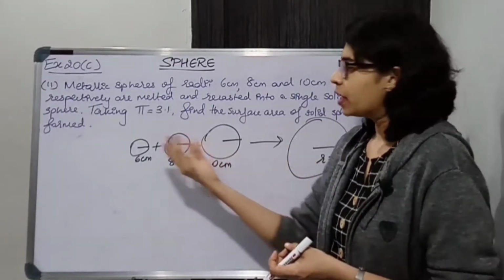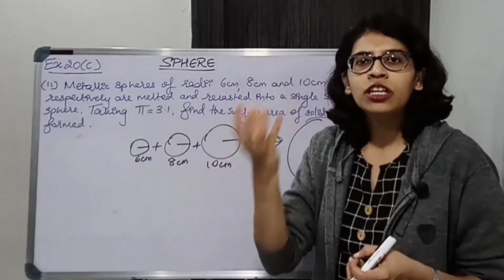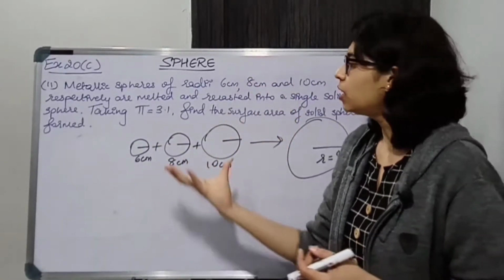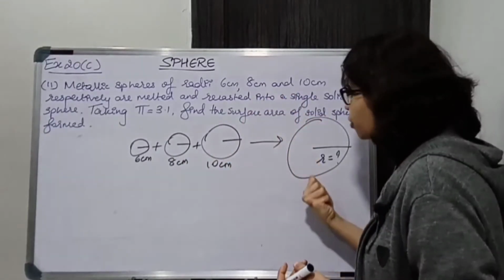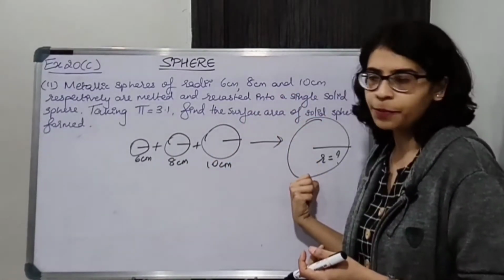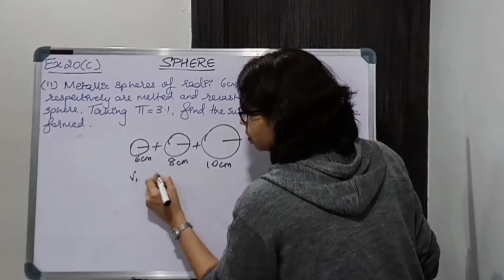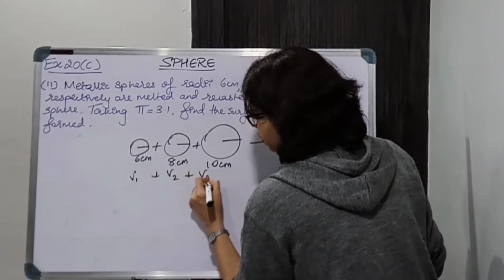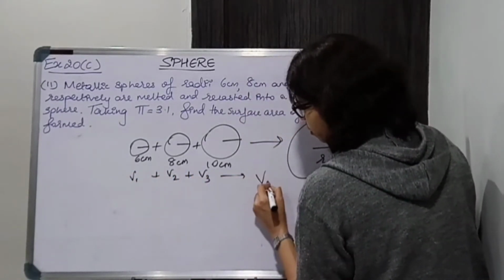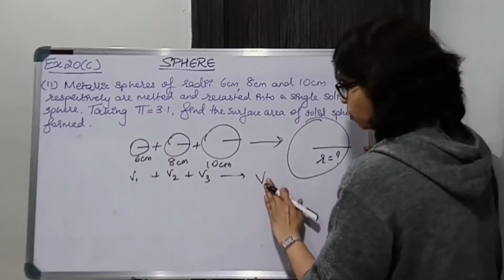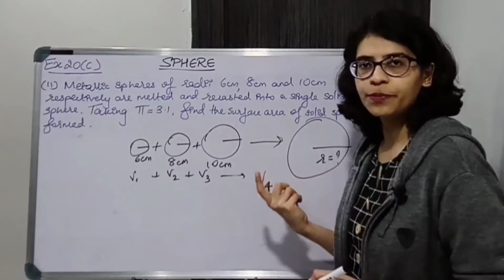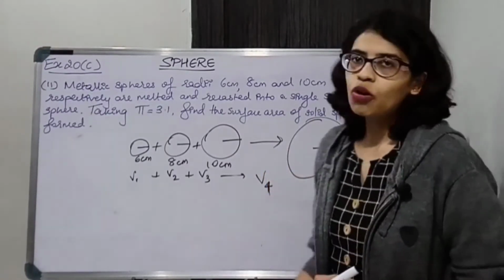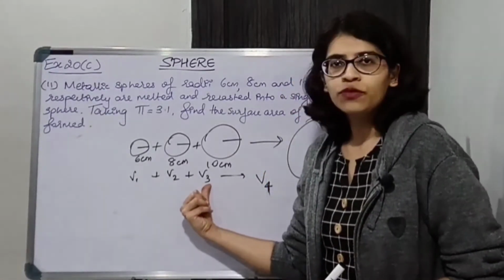The total volume of metal used in these three spheres, added together, is going to give the volume of this sphere. So V1 plus V2 plus V3 is going to give the volume of, sorry, this 4th sphere, this one solid sphere. So you can easily find the volume of these 3.